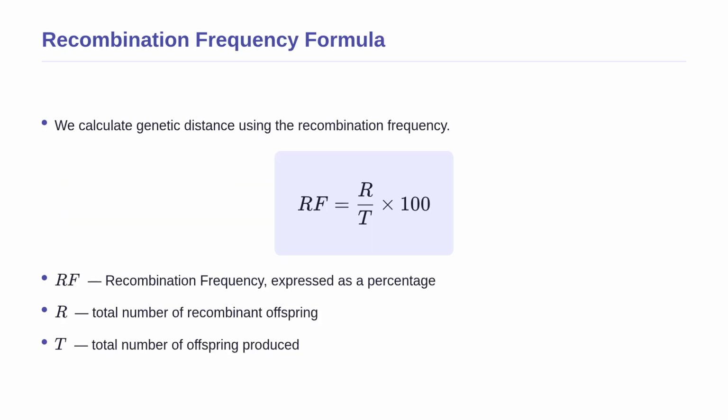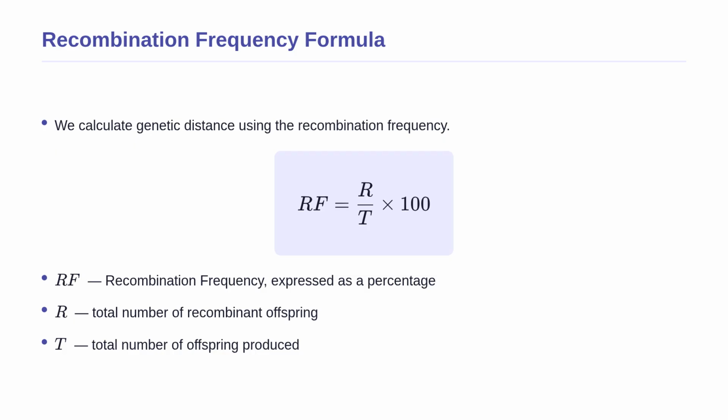This brings us to the mathematical side of our cross. To find the distance, we calculate the recombination frequency, or RF. Conceptually, this is just the percentage of offspring that experienced a crossover event between the two genes. In this formula, R stands for the total number of recombinant offspring, which are the babies with a different combination of traits than the parents.